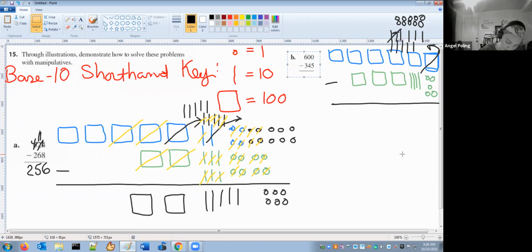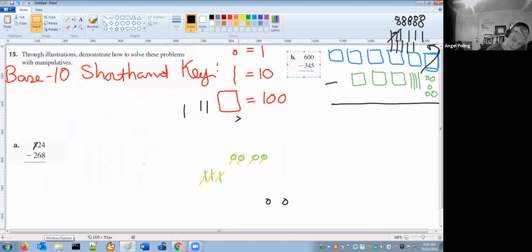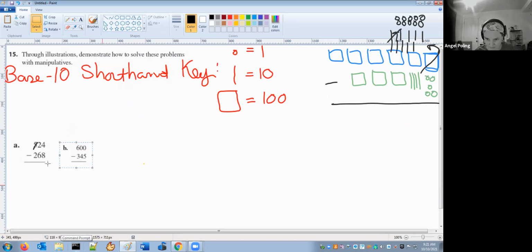I'm not going to be able to show that borrowing, so actually, let me erase this stuff down here. And then I'll catch up. Okay, so I'm going to move this one over, get rid of this one, and then I'll catch up with the drawing.